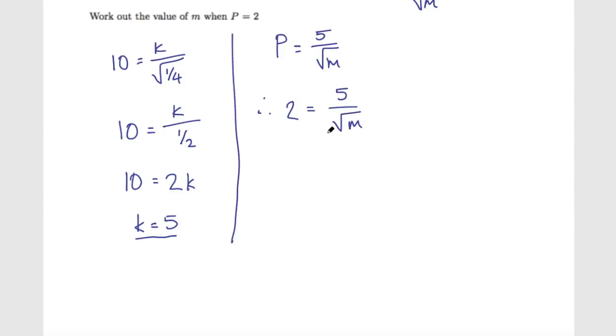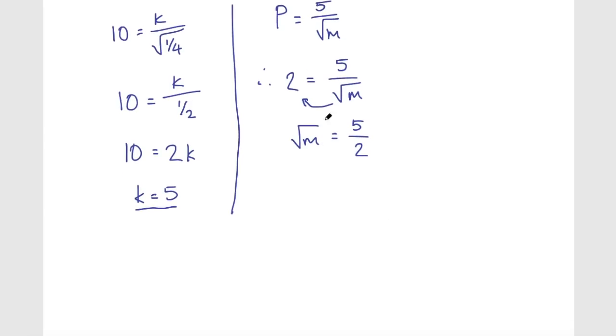Basically you're multiplying this side by the square root of m and then dividing the side by 2. So we can say the square root of m equals 5 on 2, and then we need to square both sides to get rid of that square root, so m is going to be 25 on 4.